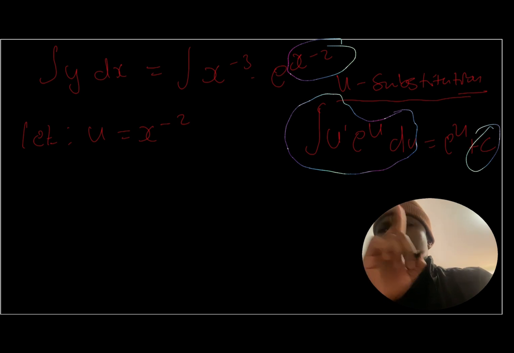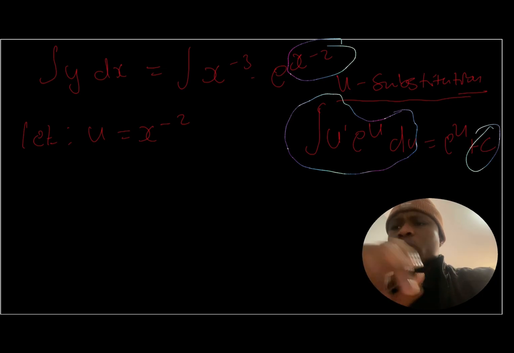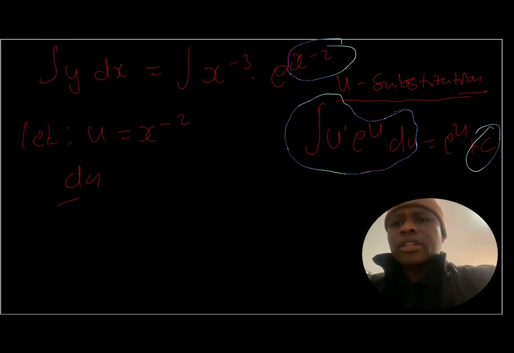Now u is equal to the exponent of the exponential. Therefore, let us differentiate u in terms of x. We take the exponent to the front, and then we subtract 1 from the exponent.